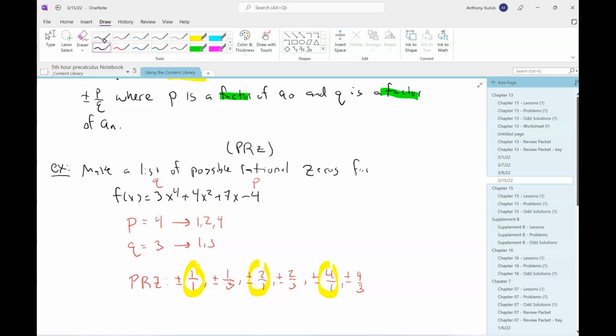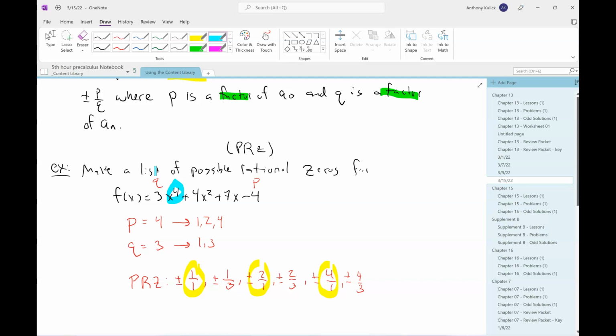So yeah, remember that the number of zeros is at most 4, right? Could be 4 zeros, could be 3, could be 2, could be 1, could be 0 x-intercepts. So this might have 0 x-intercepts, so none of those would be a possibility.